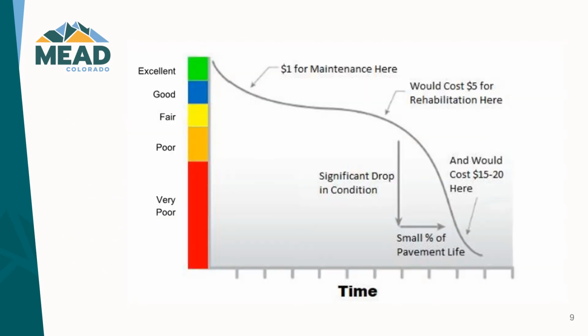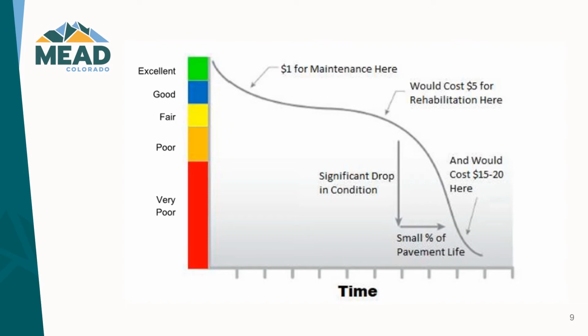So to demonstrate this, we have this pavement deterioration curve over time, and on the left is the condition, excellent to very poor, and the curvy line is how a pavement deteriorates over time. So $1 spent early on in the life cycle keeps a good road good for the least amount of money.